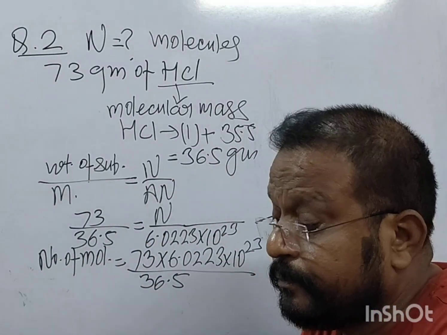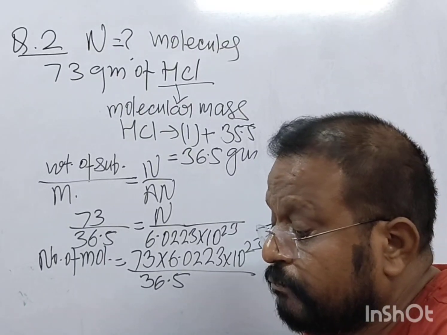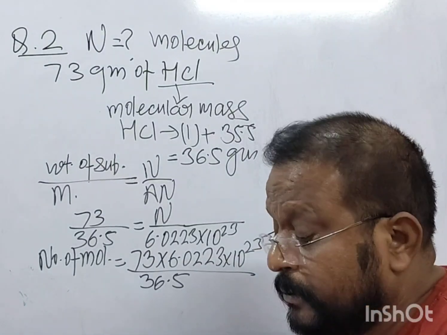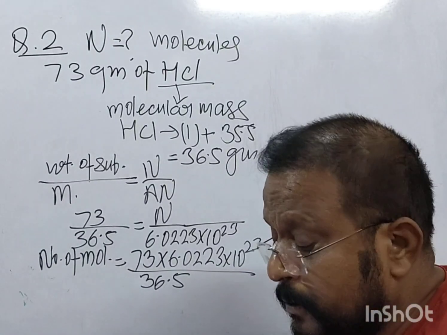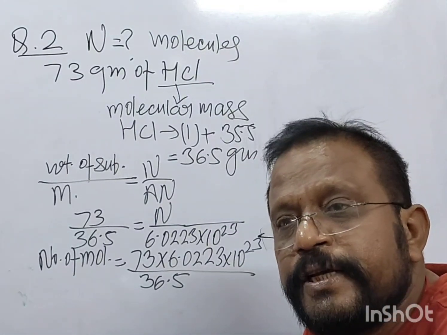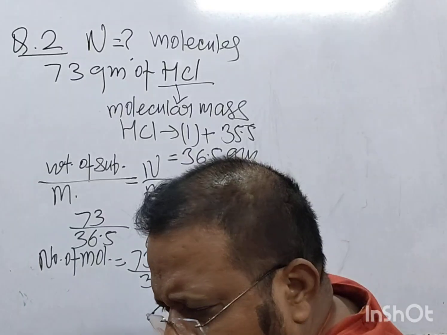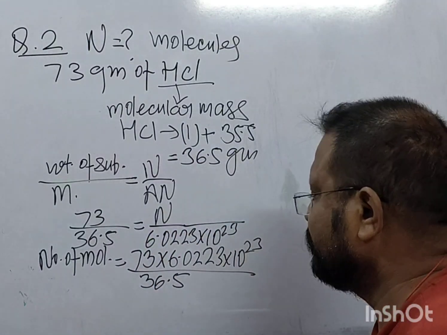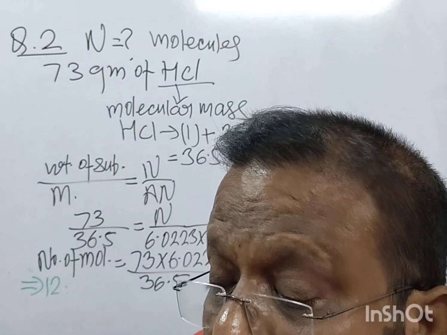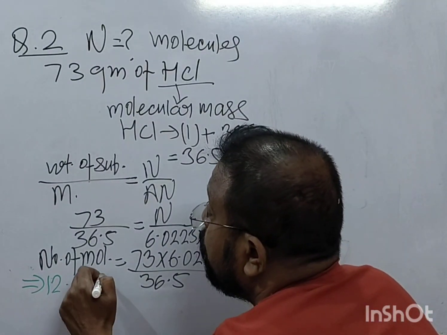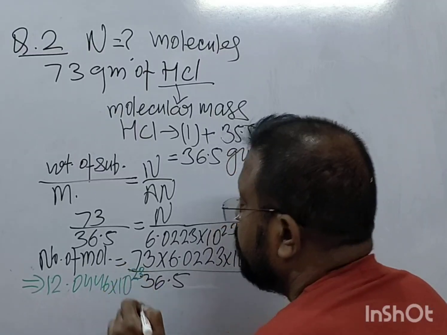So what is your answer? What is your calculation? 6.0223 divided by 36.5, it is 12.0446 into 10 raised to the power 23.